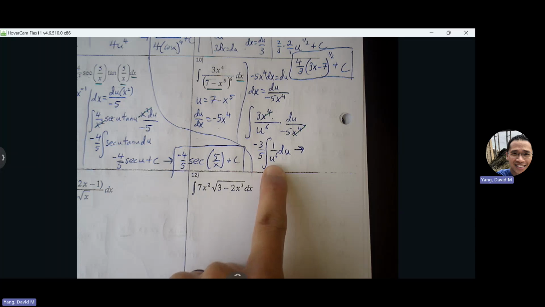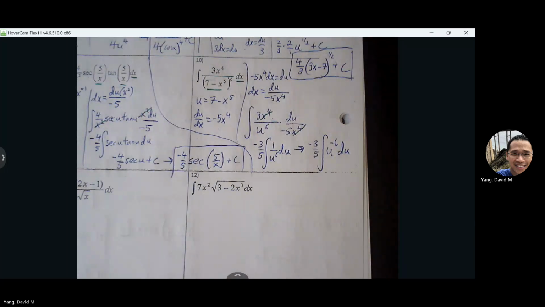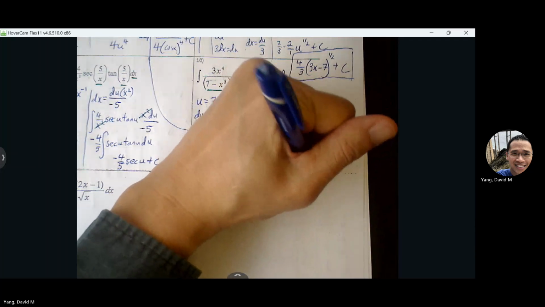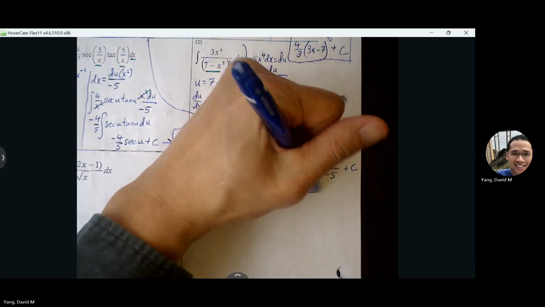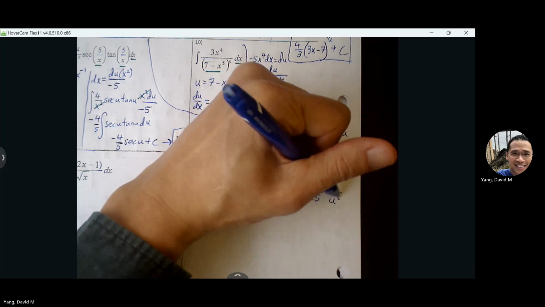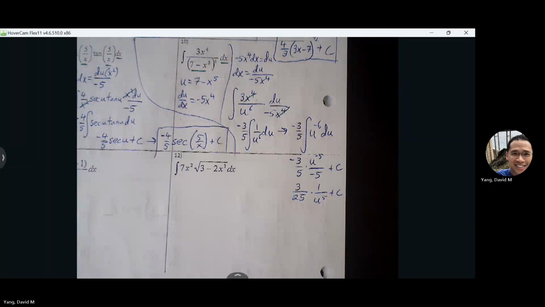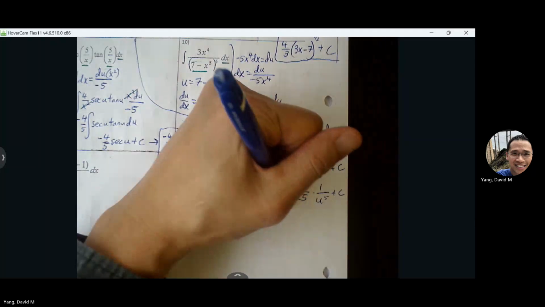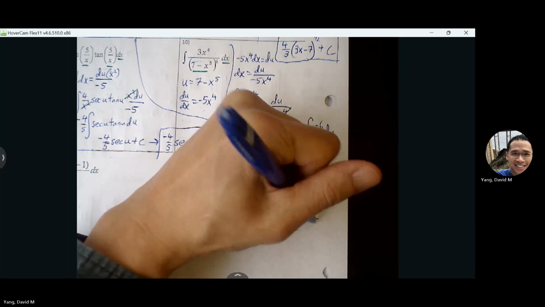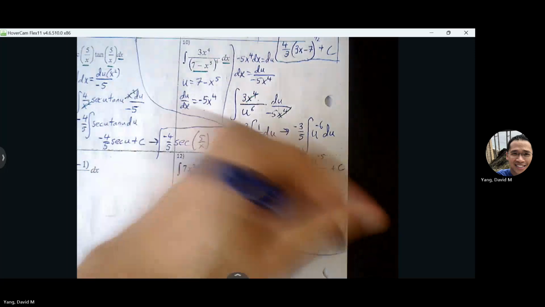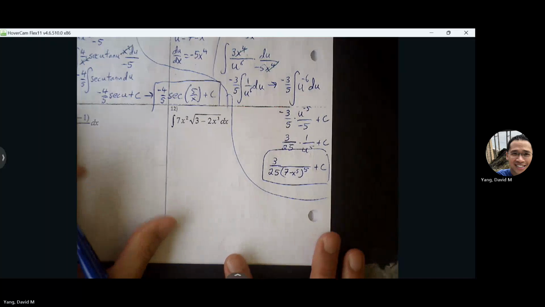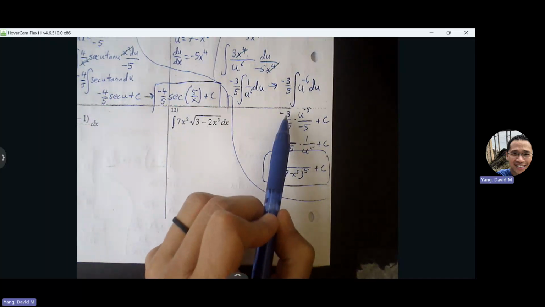That u variable is slightly out of place. Let's bring it up as u to the -6. So once I found my antiderivative, I'm just trying to clean up here.